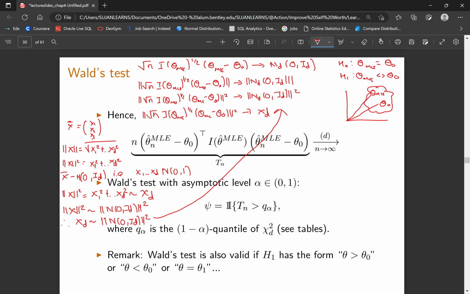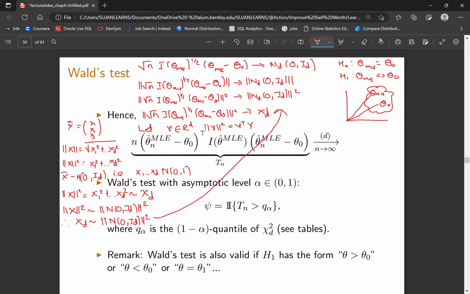By the multiplication rule, let's say v is a vector of dimension d, and we multiply v transpose by v. The squared L2 norm is v transpose v.